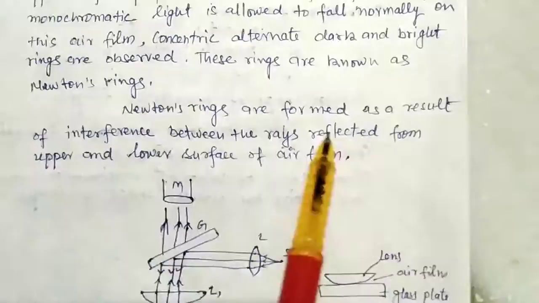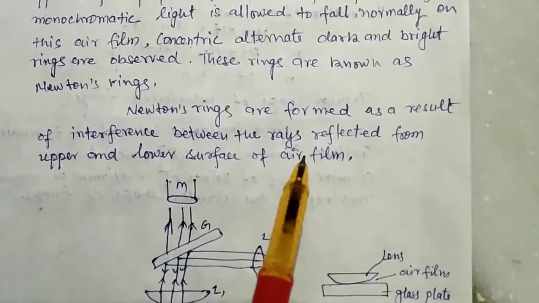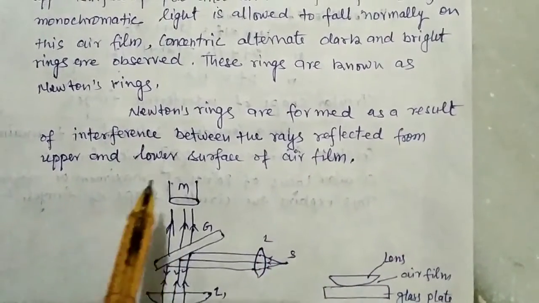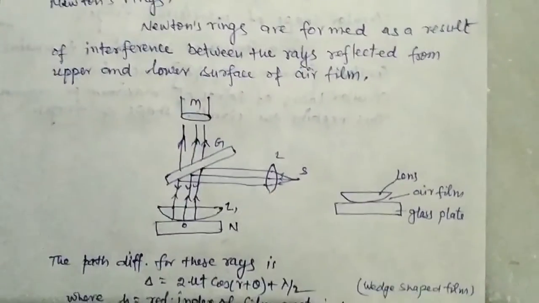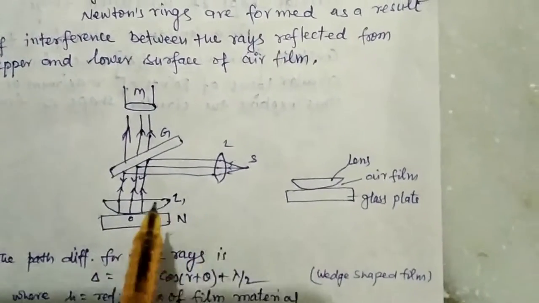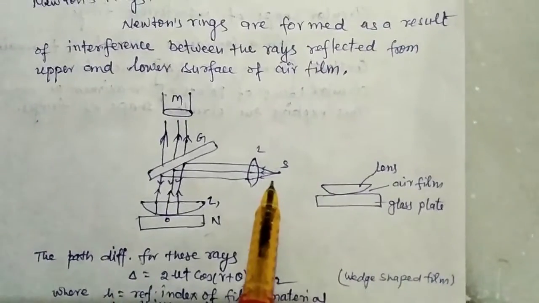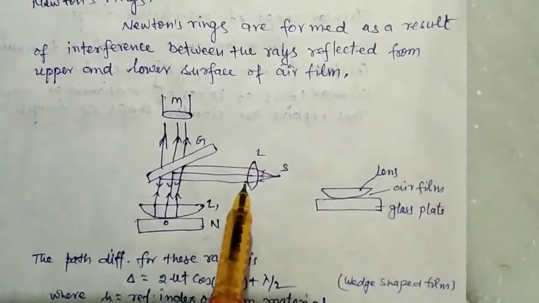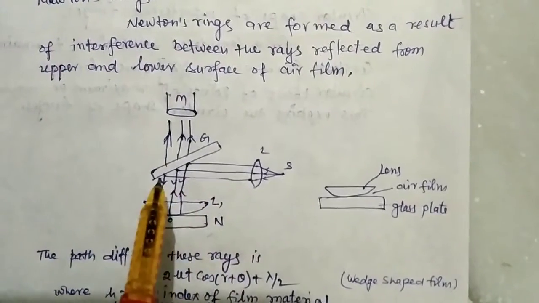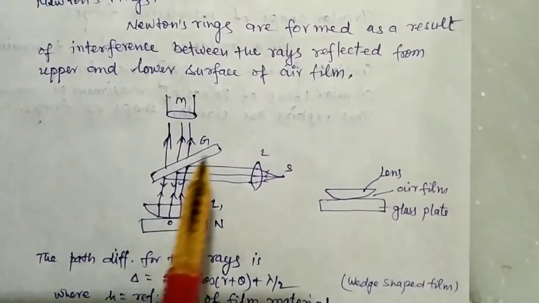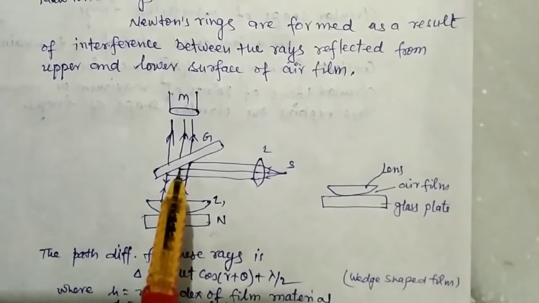Newton's rings are formed as a result of interference between the rays reflected from the upper and lower surfaces of the air film. Here we are looking at the monochromatic source of light, L, a convex lens, from where the light rays become parallel and are allowed to fall on this inclined plate G at 45 degrees.